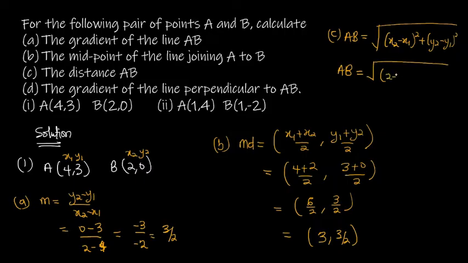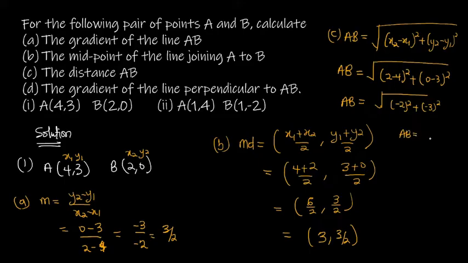So that will be 2 minus 4 squared plus my y2 minus y1, which is what I have at the top here, so it's 0 minus 3 squared. So my AB is equal to the root of 2 minus 4, which will give me negative 2. So I have negative 2 squared plus negative 3 squared.